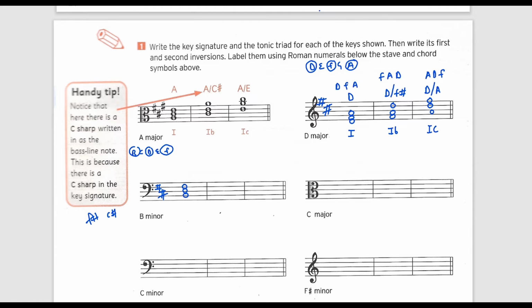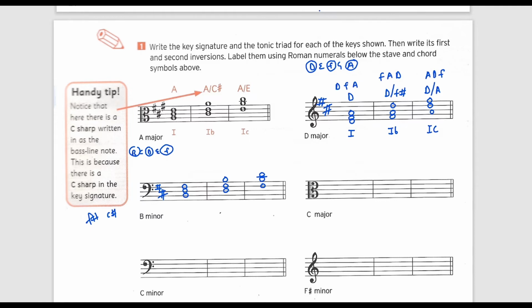Next we start from D, so this is our D, then we have F sharp, and then we have B. The last one we start from F sharp, then we have B, and then we go to C sharp and D here.